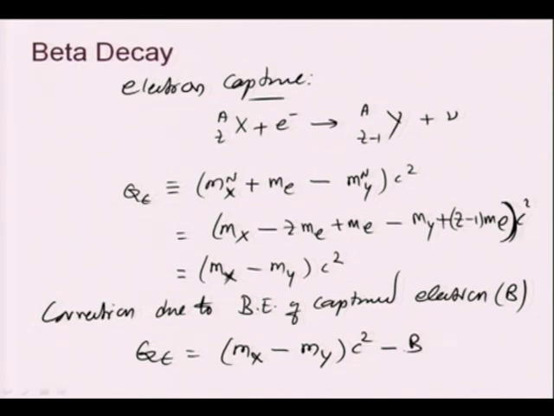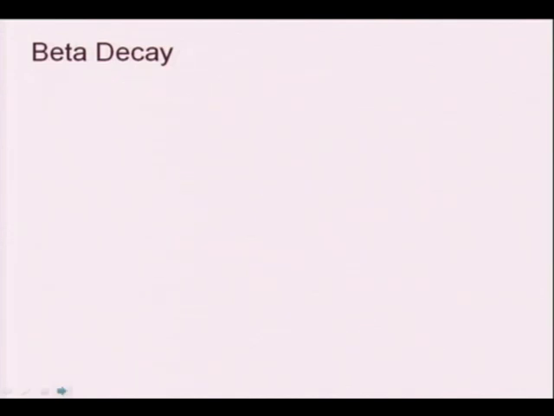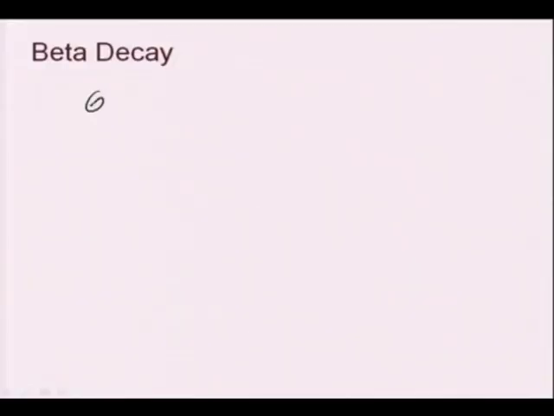Alright, so these are the three different types of beta decay and associated processes. And one more, there is a question about how this happens or what causes the beta decay. So, we can ask the question, what is the theory, or what is the quantum mechanics of beta decay?